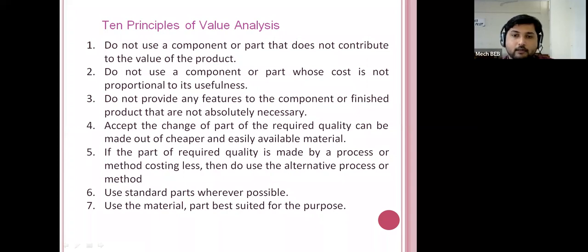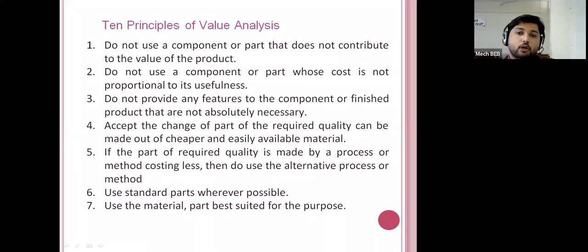That is one thing, but you can see there are a number of components in the stapler that do not have that much value. Those will be extra things included in the stapler, which will add to the cost to the customer. So here the basic principle is: do not select components which will not contribute to the value of the product.